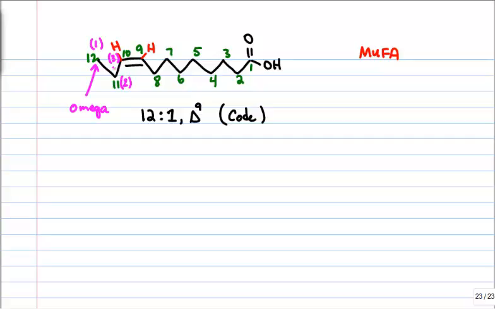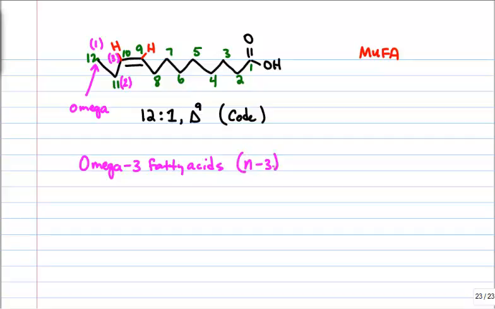So this would be called an omega 3 fatty acid. And you've probably heard of these in terms of reported health benefits of omega 3 fatty acids or omega 3 fats. Another way to write this would be N minus 3.